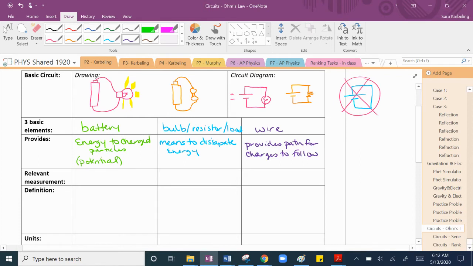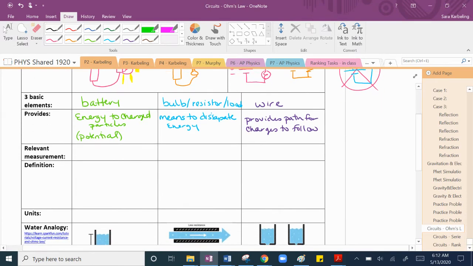So in a complete circuit and a complete loop, the wire is the way you go, right? From the battery. The battery gives it that energy and those charges move. They move around that circle, following that path.